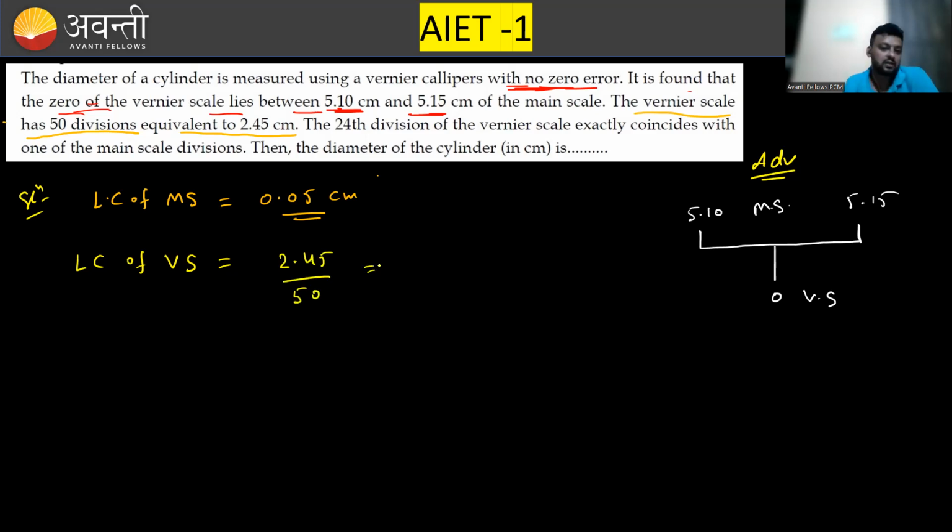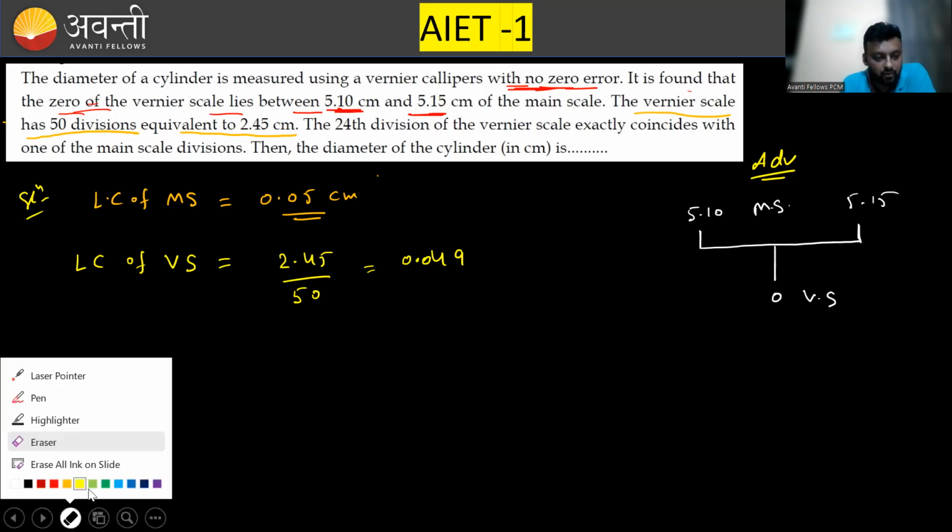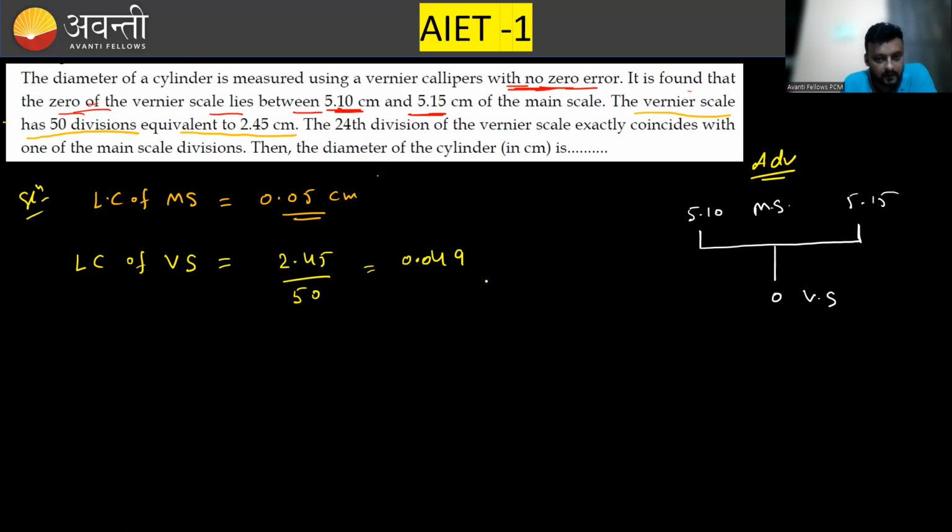So each division will contribute 0.049. Clear? You can calculate it. What is the least count of vernier scale? It is 0.049 centimeter.